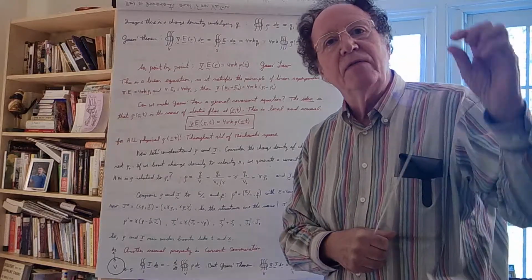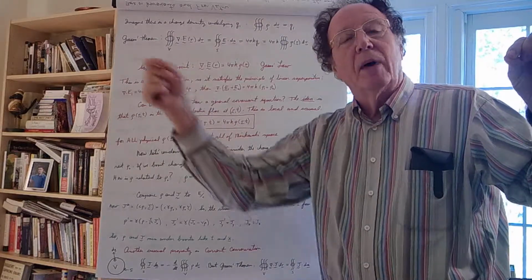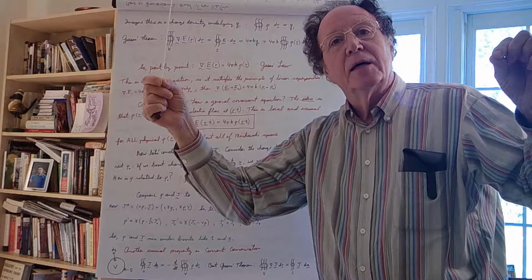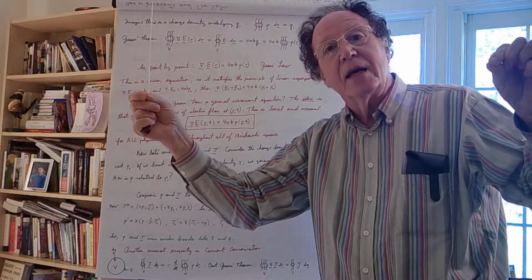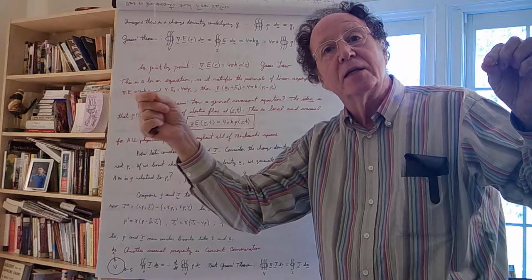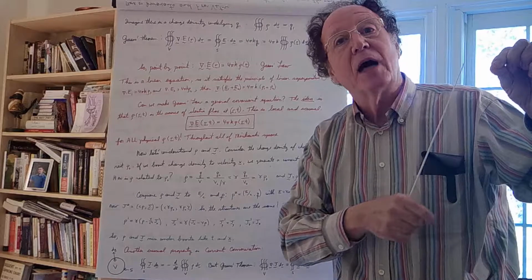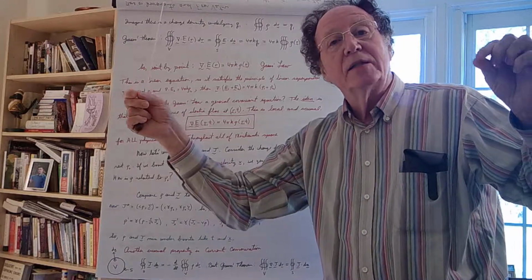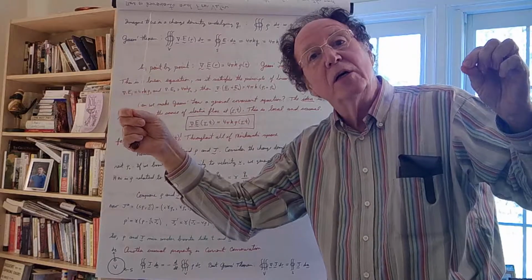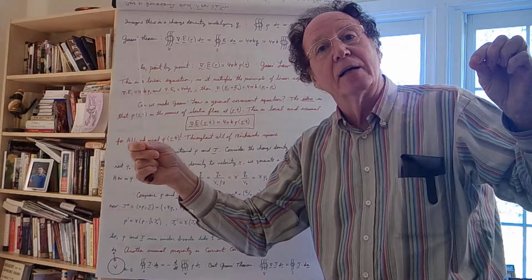Because the electric field here will be determined by the charge density, but that information of where the charge density is at a particular moment takes time to get to the position of the electric field. That time is the distance divided by c, and so the electric field at one point will be determined by the charge density at an earlier time, a retarded time.